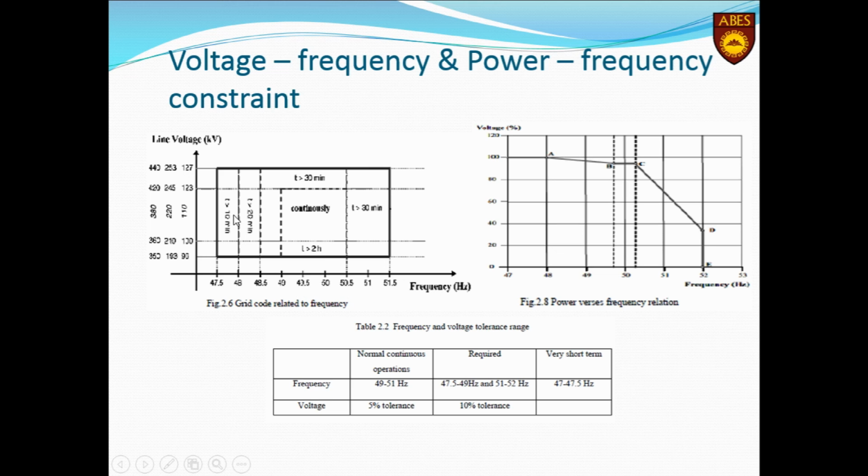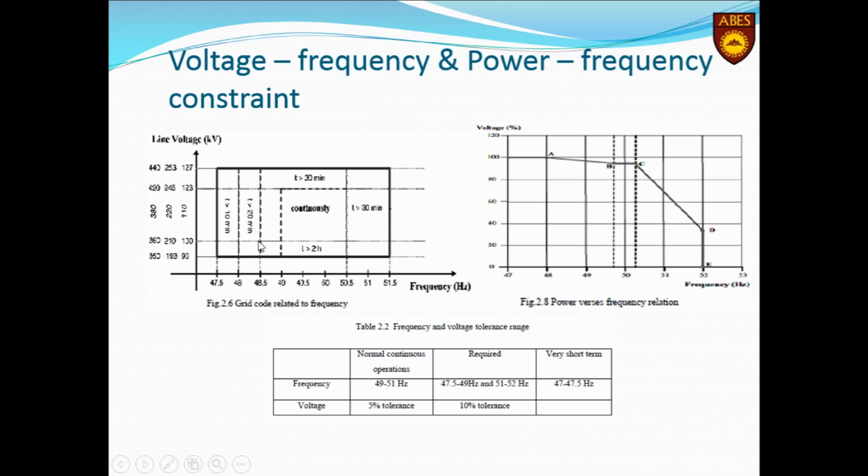If the variation of the frequency with the line voltage goes out of this particular region, say the frequency is increasing and also the line voltage is deviating from its values, say 380, 220 or 110, then certainly some time is allotted so that it could restore its condition, and if it does not recover within the times given here, that is t equal to 30 minutes, and also this is 20 minutes and this is for 10 minutes.